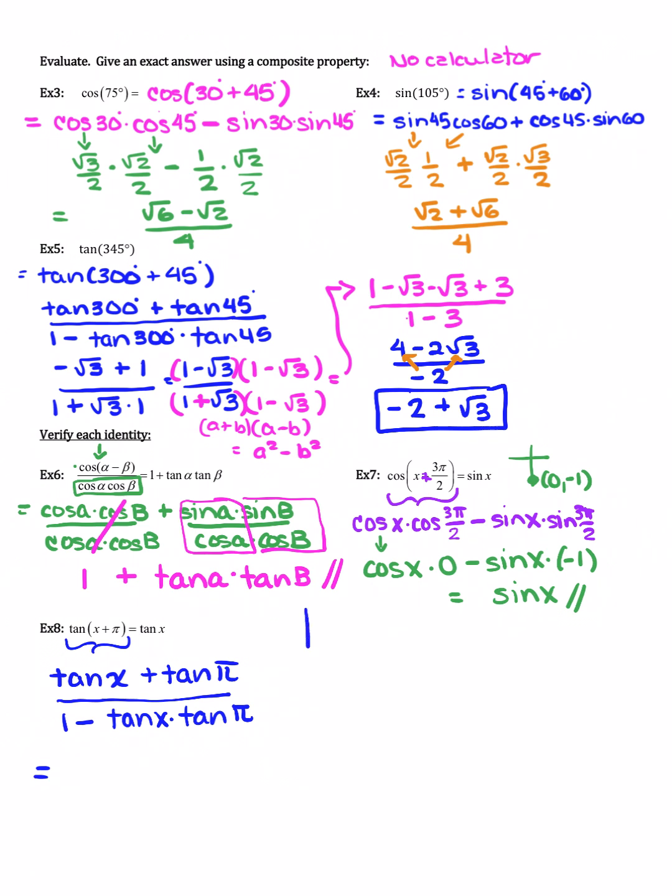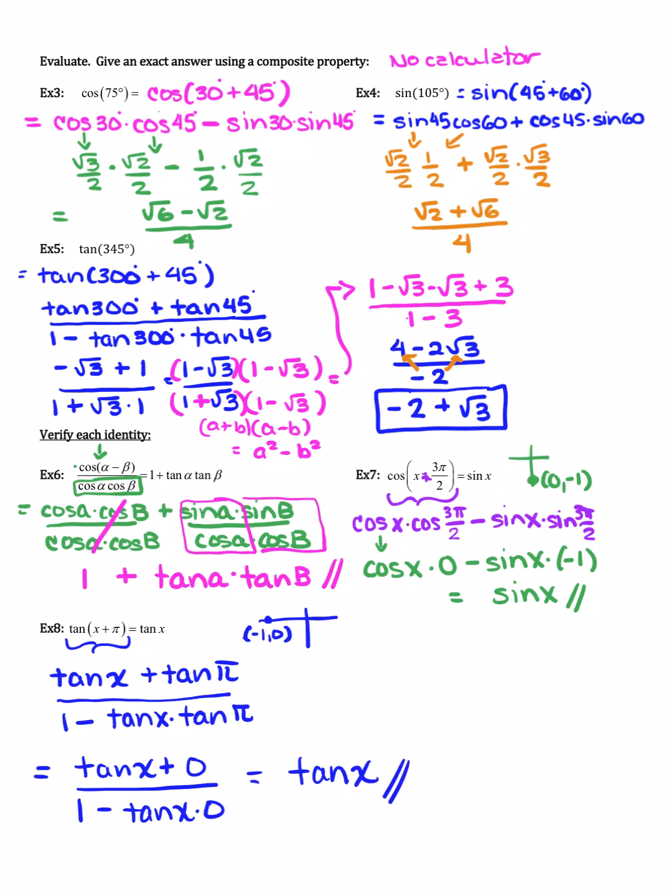Tangent of pi, so remember this is the coordinate negative 1, 0, and tangent is the y over the x. So tangent of pi is 0, so 1 minus tangent x times 0. This all just simplifies to tangent x, which is what we want.